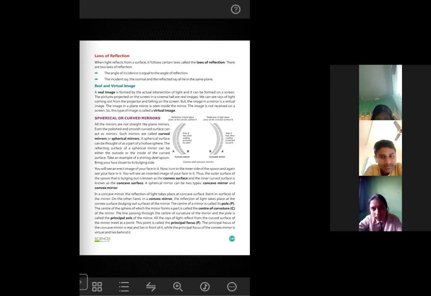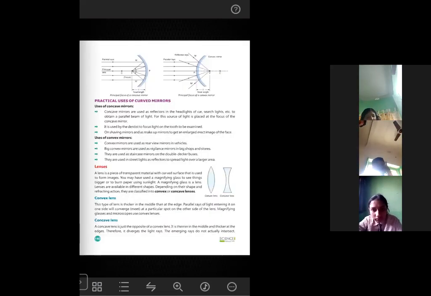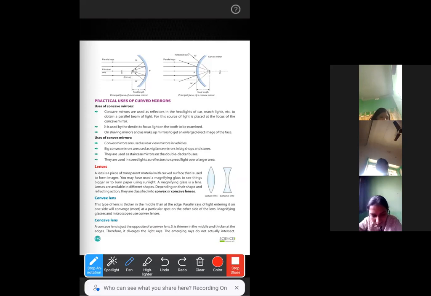So let's open the next page. Here you can see, in case of convex mirrors, all the light rays reflected from the mirror will meet at a point.